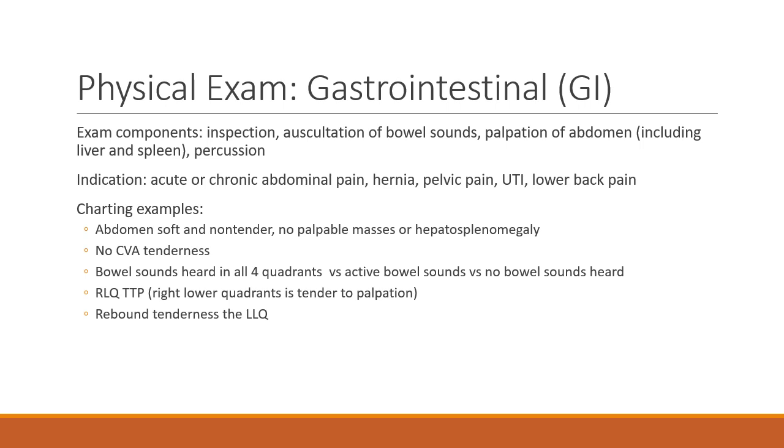Normal bowel sounds heard in all 4 quadrants versus active bowel sounds versus no bowel sounds heard. Right lower quadrant or RLQ TTP, tenderness to palpation. Right lower quadrant is tender to palpation. Or rebound tenderness in the left lower quadrant or LLQ. Those are just a couple examples for you just so you can get an idea of what this looks like.